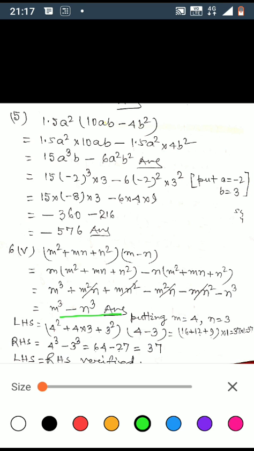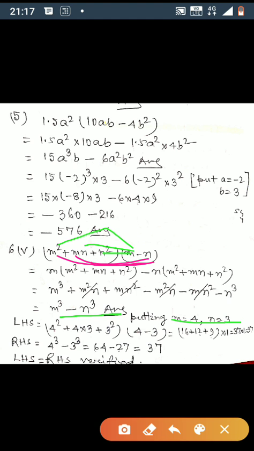It can be written as m common bracket m square plus mn plus n square minus n common bracket m square plus mn plus n square. m cube plus m square n plus m n square minus m square n minus m n square minus n cube. Plus m square n and minus m square n cancel to 0, plus m n square minus m n square equal to 0. You will get m cube minus n cube.